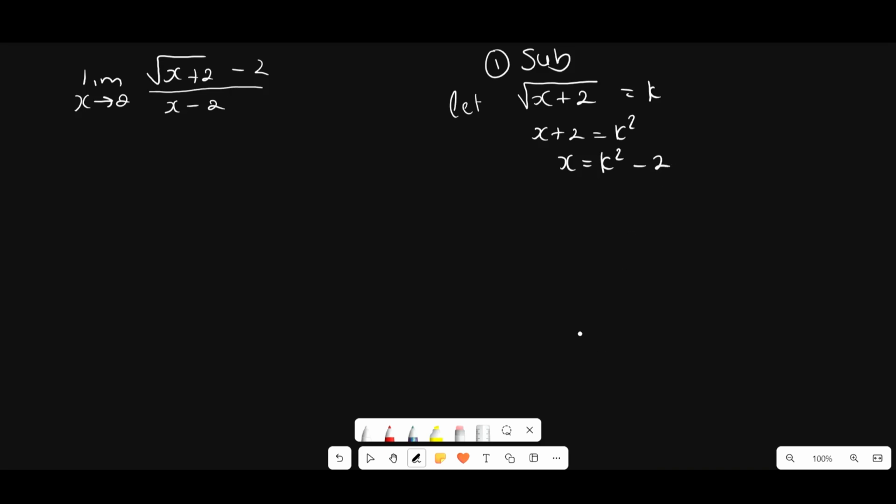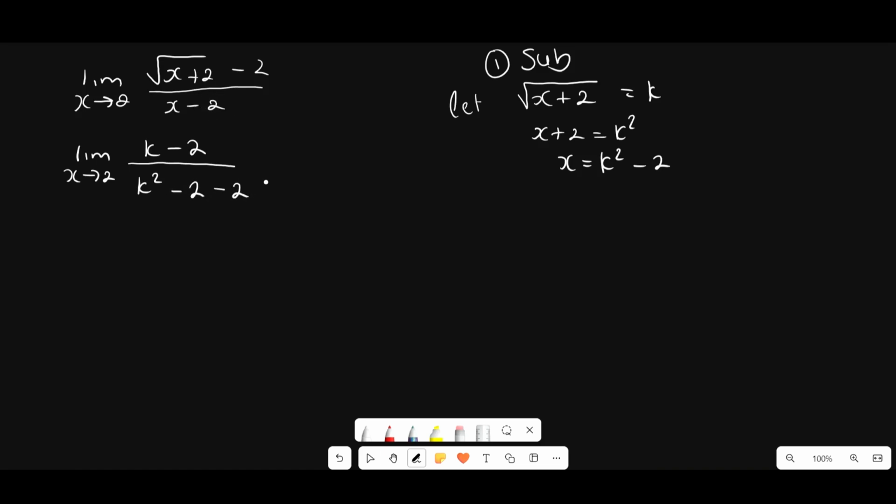Okay, and then we can substitute, right? Therefore I'll have the limit as x approaches 2, and we said k is equal to the square root of x plus 2. Therefore I'll have k minus 2, all divided by x minus 2, where x is k squared minus 2, so k squared minus 2 minus 2.